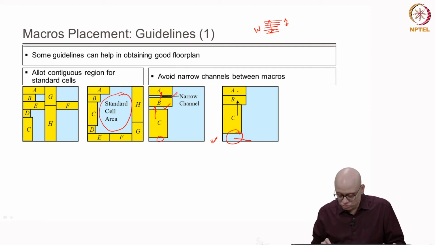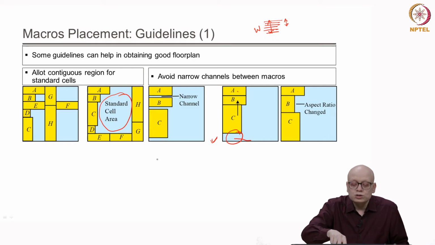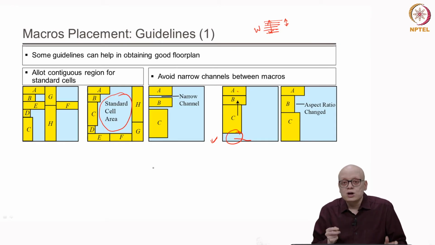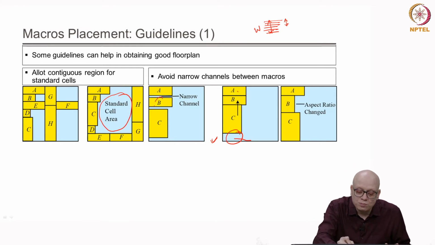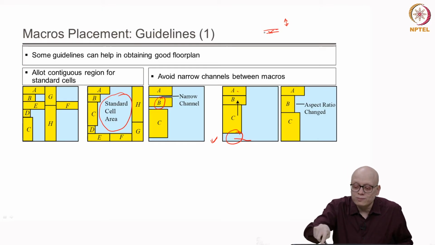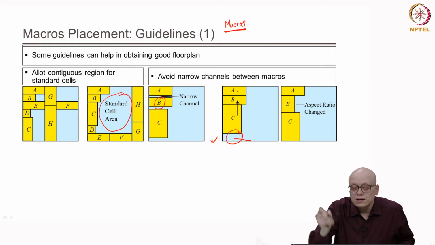Another solution could be, if B is an object whose aspect ratio can be changed. Suppose B was a macro which we call a flexible macro. So, there are two types of macros or large objects that we handle in floor plan.